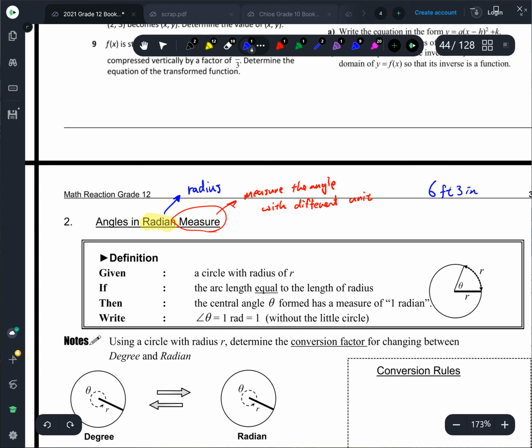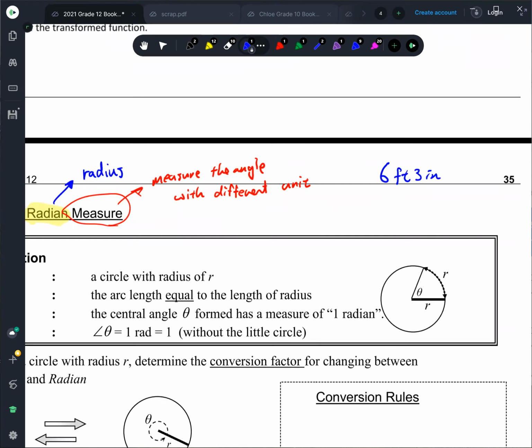So if I want to change this into inches, how do you do that? Everything in inches. Eric, where are you? You have to multiply the feet by something to get the inches. I'm not sure how much it is right now. Can you find out how many inches in a foot?